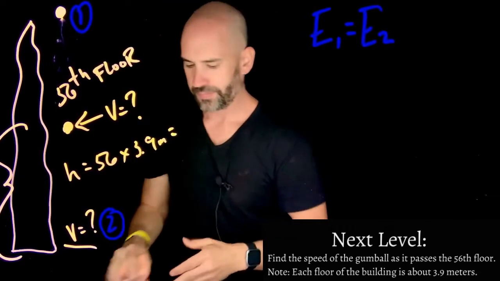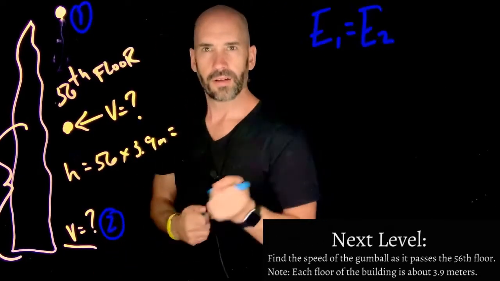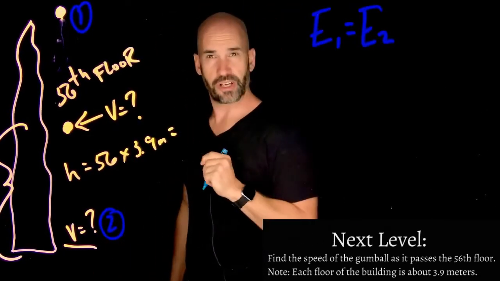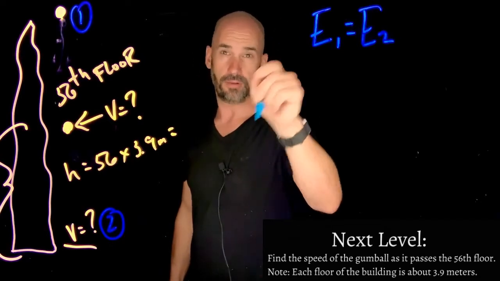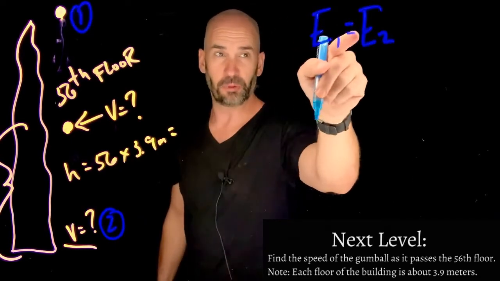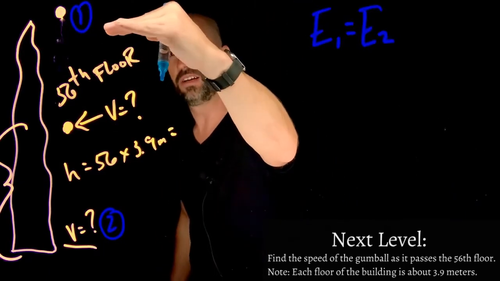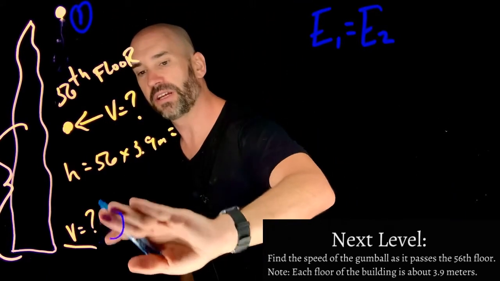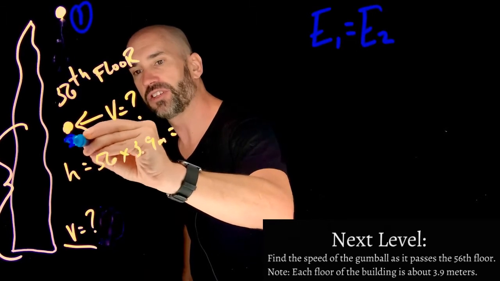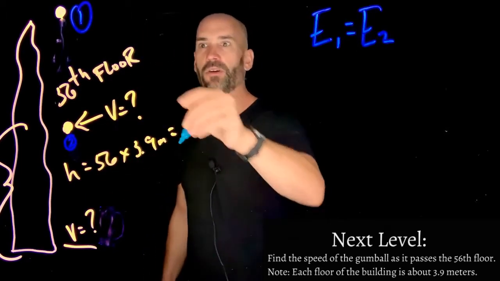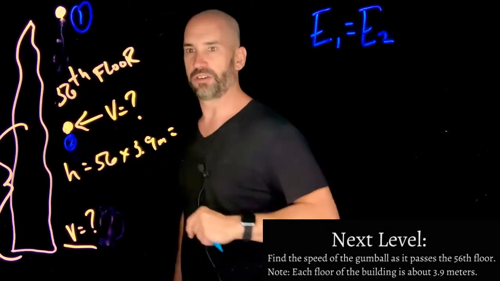Well, here's the thing. Does step 1 change? No, it doesn't. E1 equals E2. Step 1 is always the same. You're just reminding yourself the energy here is equal to, well, instead of the energy being here now, we want to find out the energy here, the total energy here, right? So the total energy here must equal the total energy here.